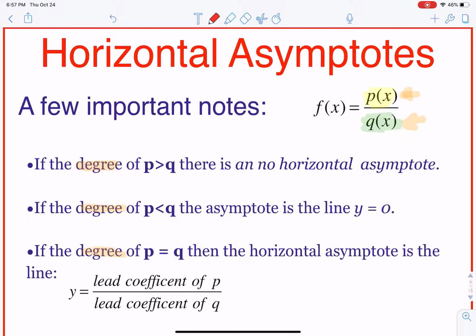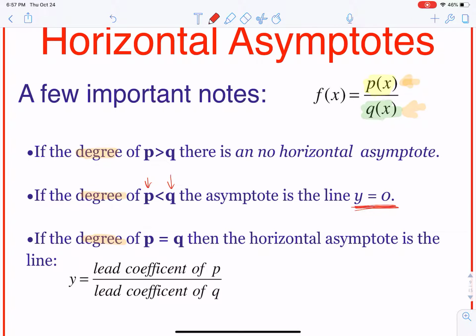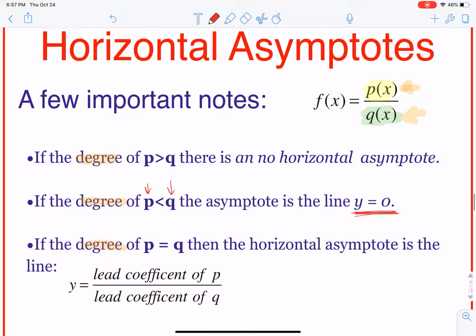If the degree of the numerator is smaller than the degree of the bottom, then very easy, the horizontal asymptote is at the line y equals 0. And lastly, if the degree of the numerator is equal to the degree of the denominator, then we divide the lead coefficients of the numerator and the denominator to find the asymptote.